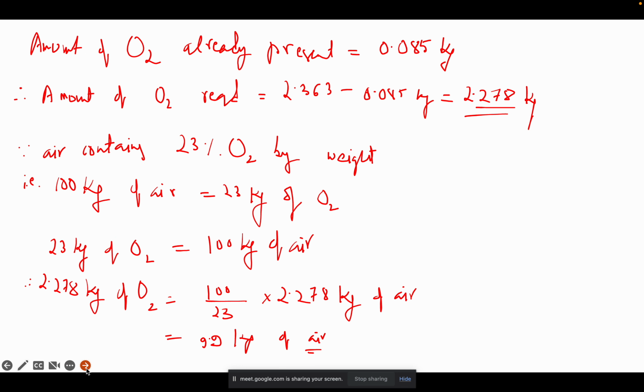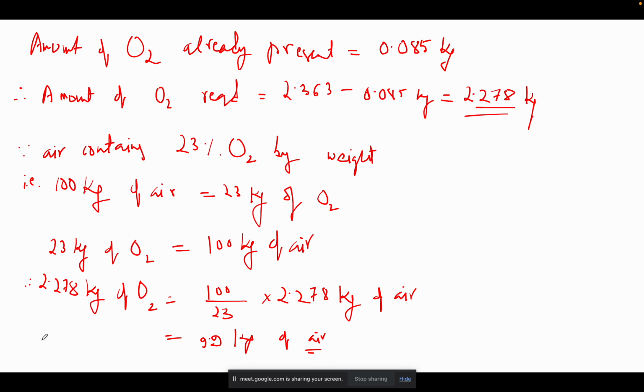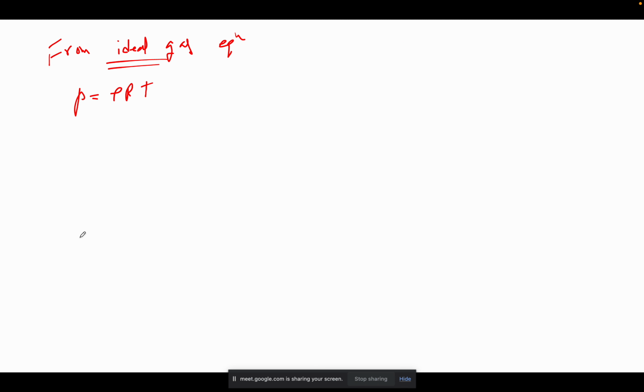So from here you can calculate from the ideal gas equation, P equals rho R T, or what you can write as PV equals mRT.